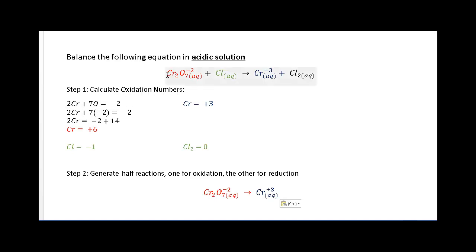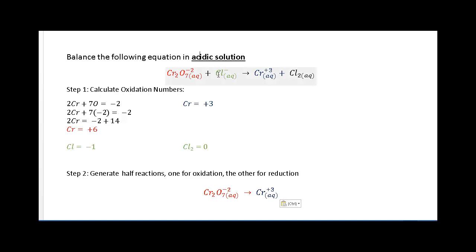So doing the oxidation number rules, by the rule of addition, we have 2 Cr plus 7 O. All of that has to equal -2. Oxygen is going to have an oxidation number of -2. So doing that math, chromium in dichromate, this is the dichromate ion, has an oxidation number of +6.